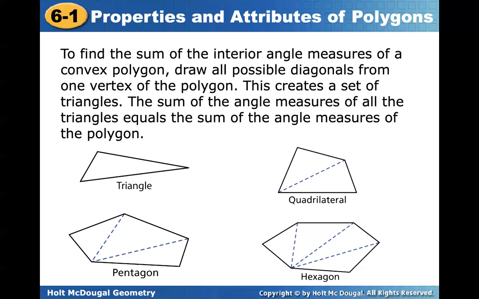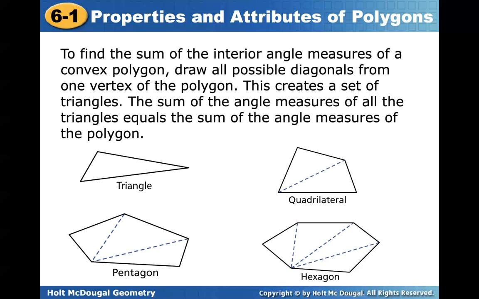So in every pentagon, there should be 540 interior degrees. A hexagon has 3 diagonals, which makes 4 triangles. Again, if we take 4 times 180, we get 720 degrees. So inside of a hexagon, there should be 720 degrees in the interior angles.